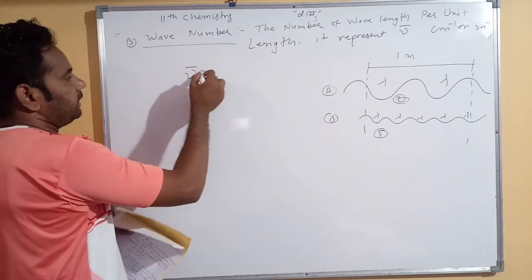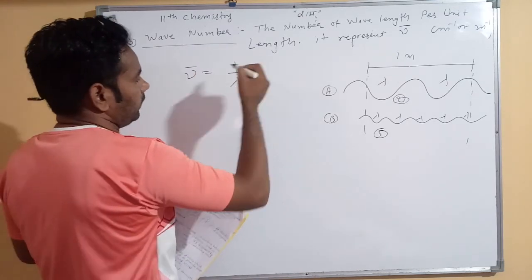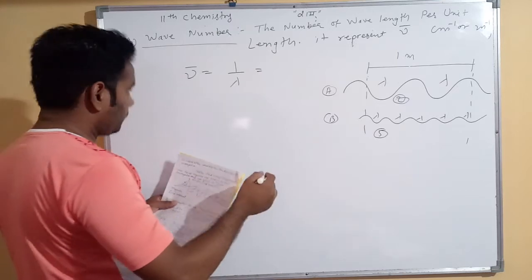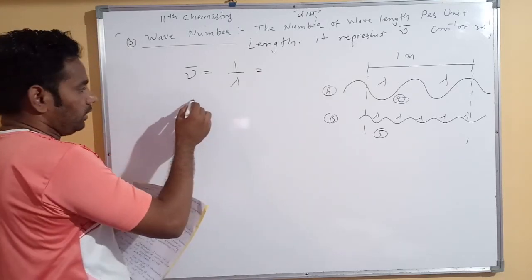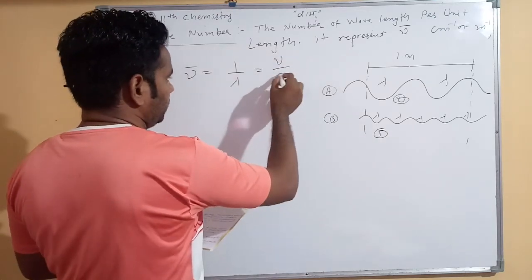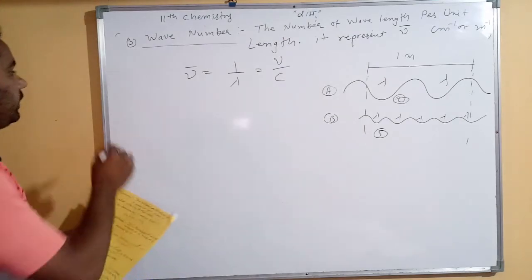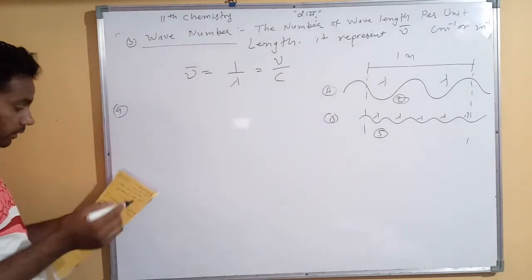Again, mu bar is equal to 1 upon lambda. Again we know, one more, mu is equal to c upon lambda. Then we move to our next definition, fourth, velocity.